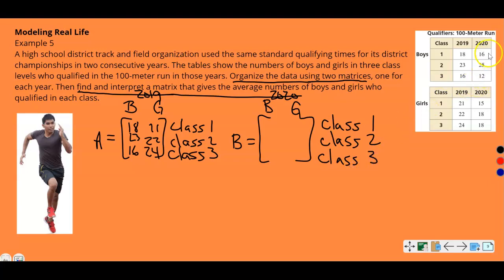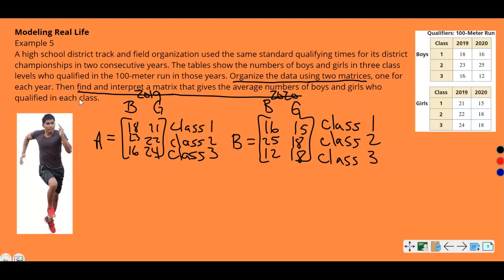So for 2020, we've got 16, 25, and 12 for the boys, and the girls are 15, 18, and 18. So, wow, it looks like in 2020, the girls' time is faster than the boys' time. That's impressive. All right, so organize the data into 2 matrices, one for each year. Okay, check, that's done. And then find and interpret a matrix that gives the average number of boys and girls who qualify in each class.